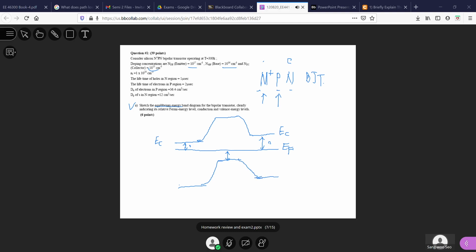So this represents the equilibrium energy band diagram for this BJT. The key point here is that their doping is different, so you have to consider this doping.